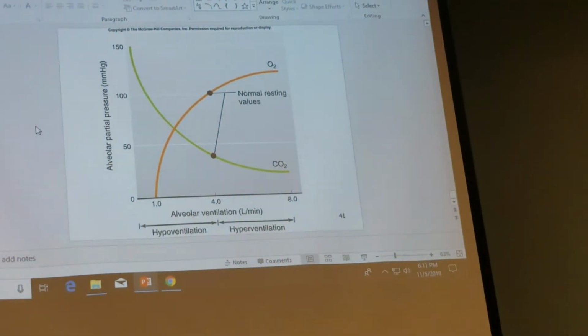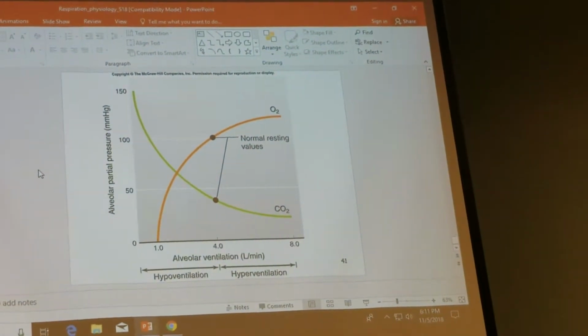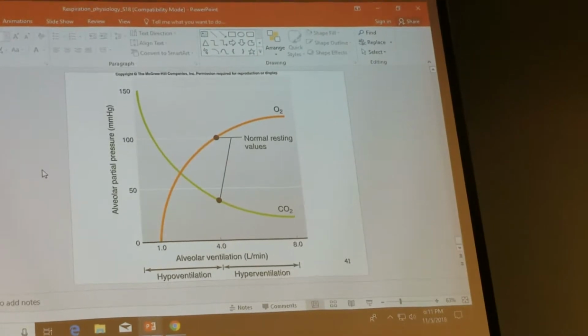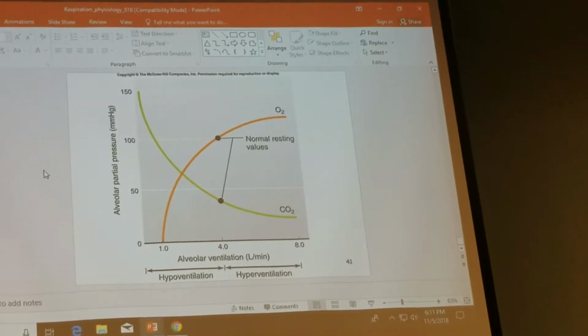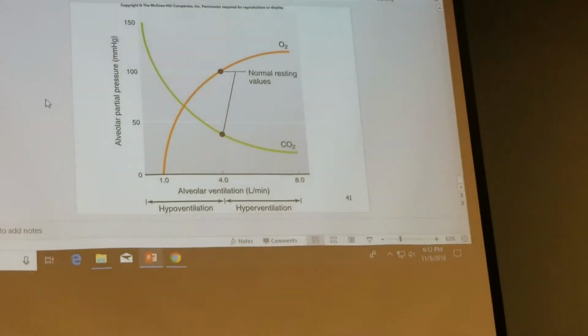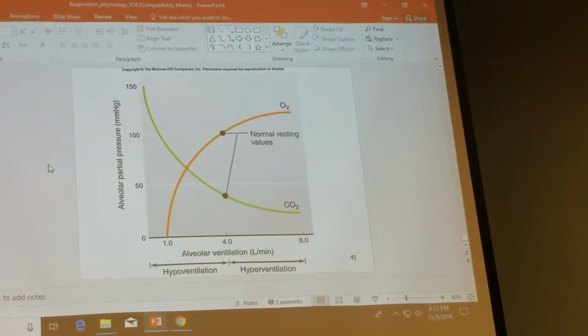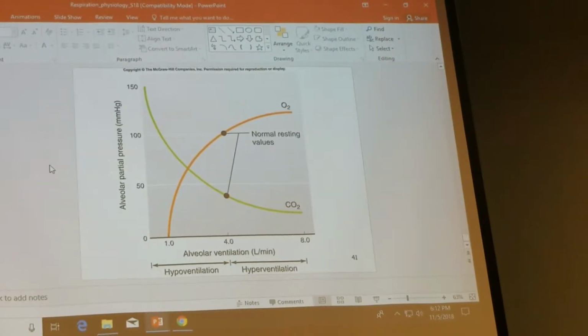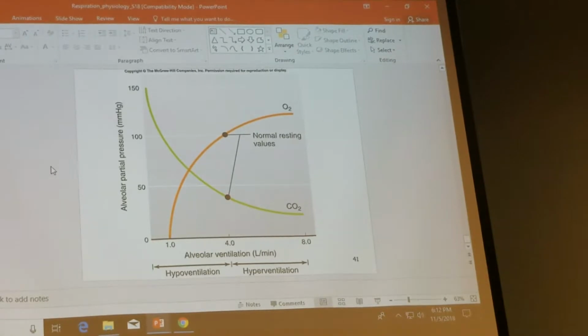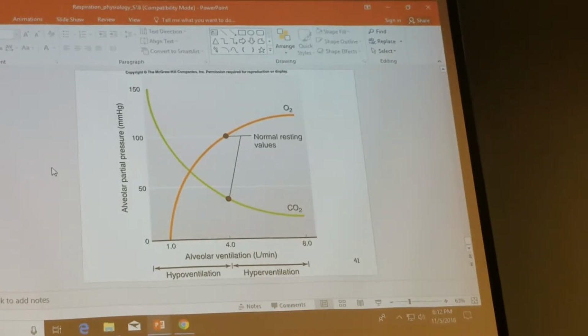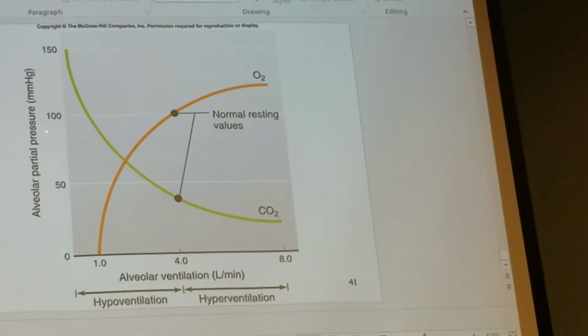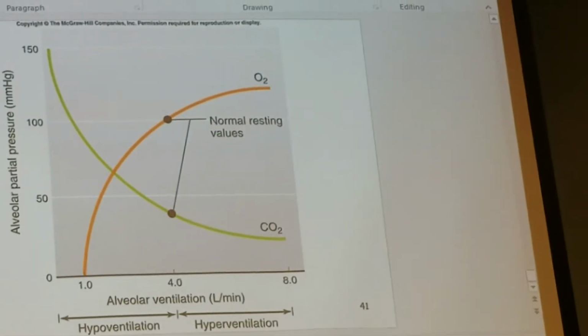what happens to O2 levels in the lungs? Do you agree with that? If respiration rates go down, what happens to O2 levels in the alveoli? It goes down, right? That's what the graph says. The graph is all about how ventilation determines alveolar gases.